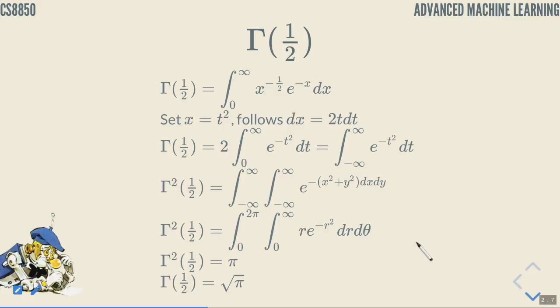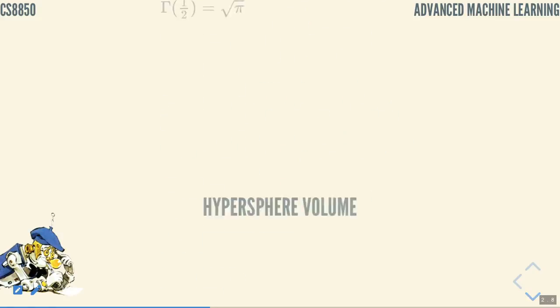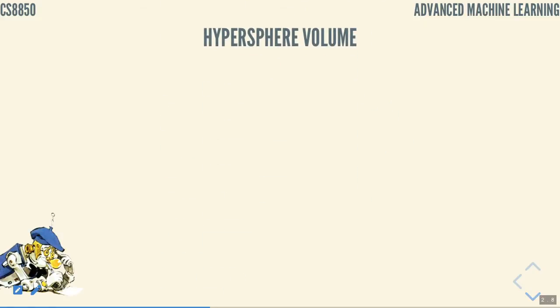Bear with me, we're getting somewhere. So now we know what gamma of 1/2 is. We're totally comfortable with what gamma is, and we're ready to calculate the volume of a hypersphere.